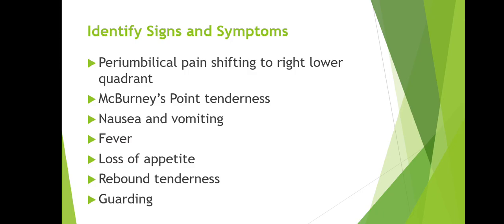Nausea and vomiting occurs sometimes due to irritation that occurs in the GIT, and this irritation also stimulates what we call the vomiting centers.